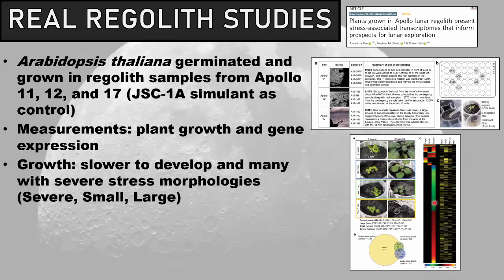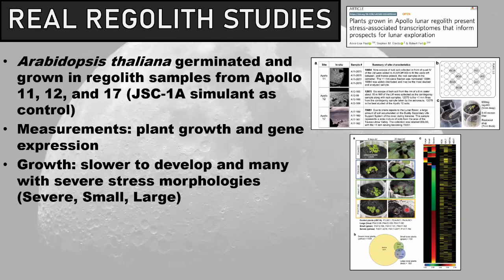And what they found is, yes, they were able to get plants to grow. The ones in the real regolith were slower to develop, and many actually had severe stress morphologies. They had three different morphologies. There were the large lunar plants, which grew more or less normally, comparable to the simulant. There were the small ones that didn't get very big, but otherwise looked all right.